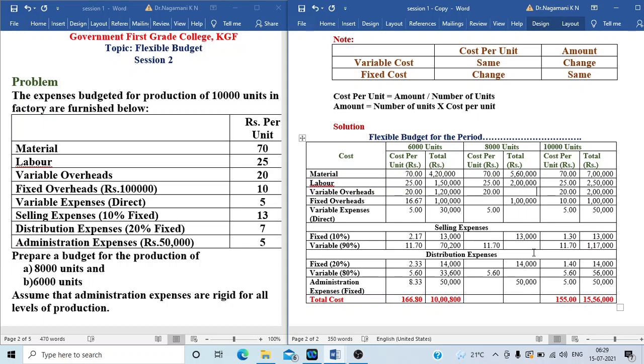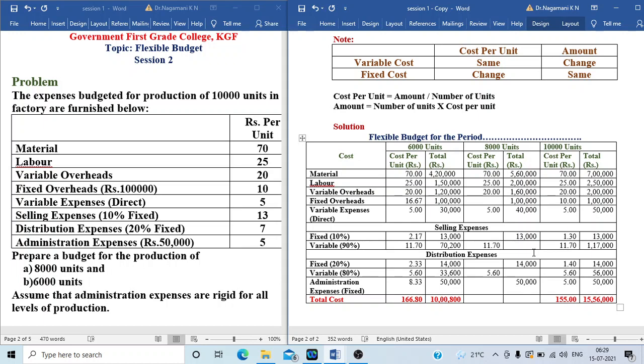Next, for variable overhead, 20 into 8,000 units, 1 lakh 60,000. Then variable expenses, cost per unit is 5 into 8,000 units, 40,000.